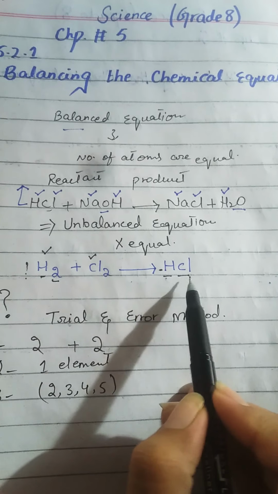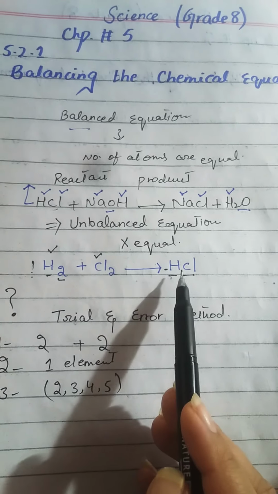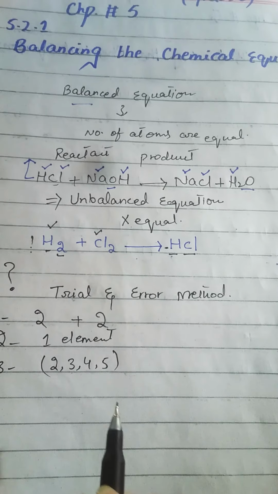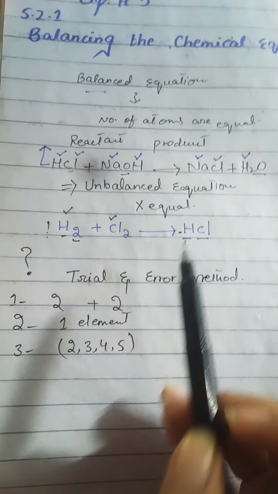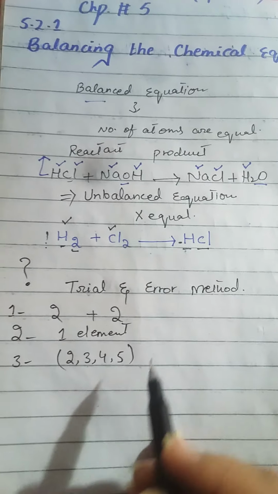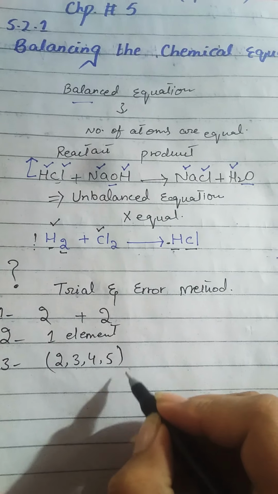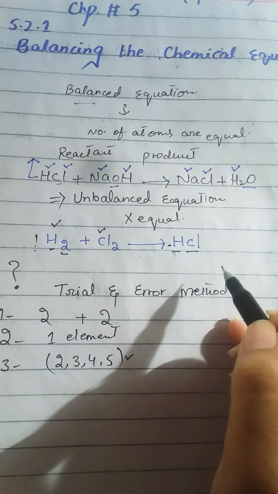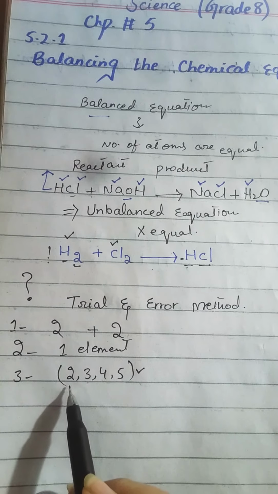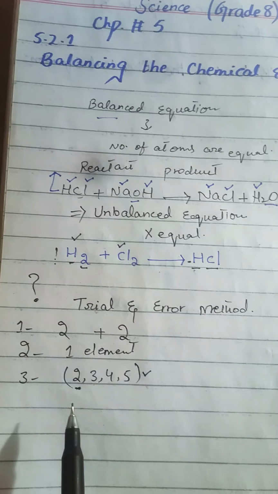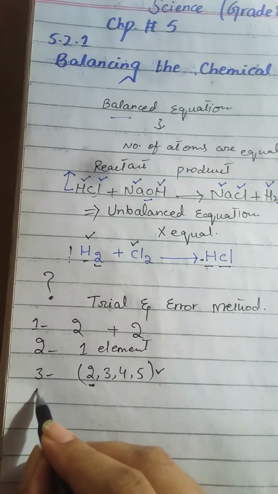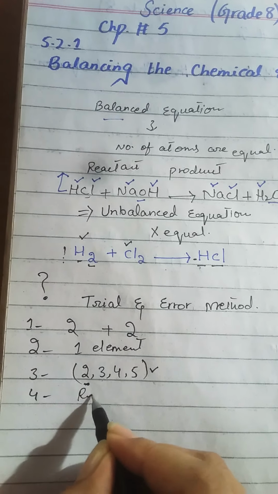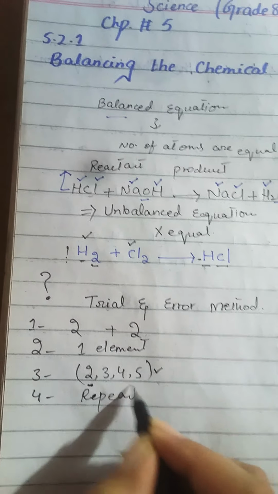So I will multiply this side by the suitable integer. Note that we will multiply with the smallest integers first. Then I will repeat this process for all the elements.